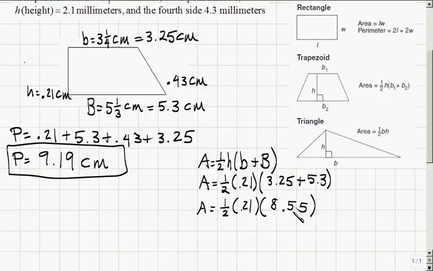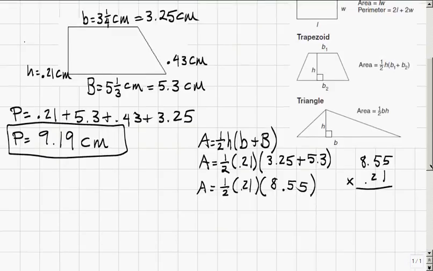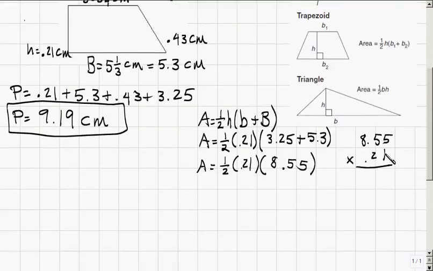To multiply 0.21 times 8.55, we'll do the long multiplication. 8.55 multiplied by 0.21. We'll multiply 1 by 8.55 and then 2 by 8.55. Add the columns up and place the correct decimal point. So 1 times 5 is 5, 1 times another 5 is 5, and 1 times 8 is 8. We'll use a 0 placeholder and multiply 2 times 5 is 10, carry the 1. 2 times 5 is 10, plus 1 is 11, carry the 1. 2 times 8 is 16, plus 1 more is 17.